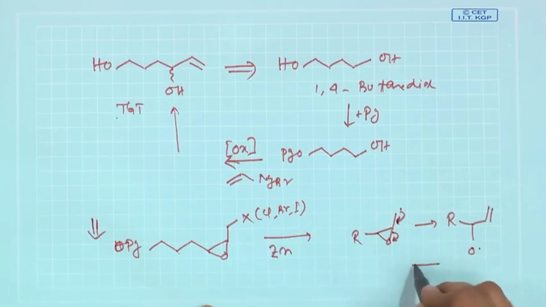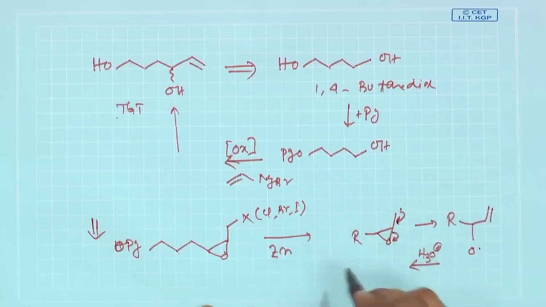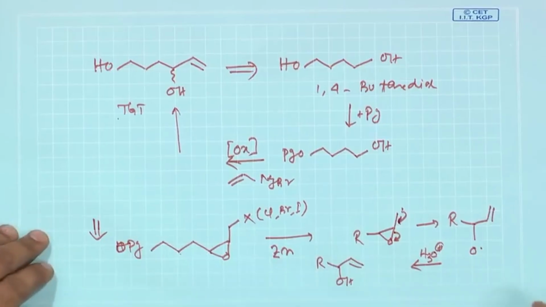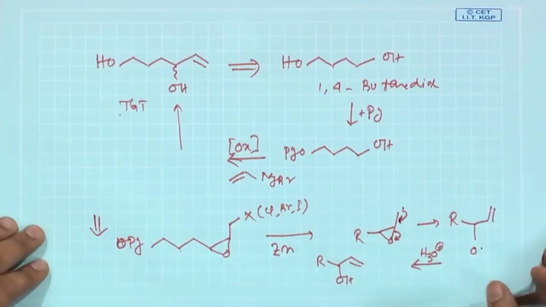This O radical abstracts a proton from either an acid source or the solvent to give you an allylic alcohol. This is another alternative way. It is basically a dehalogenation reaction, and it is favored by an epoxy system.